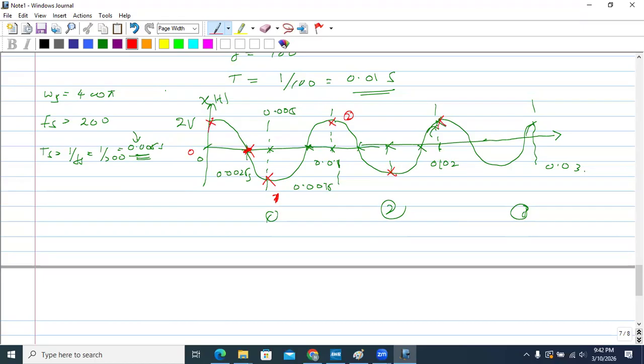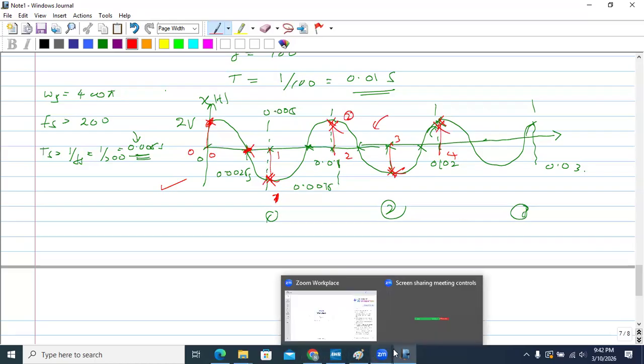So the sampled signal will be one here, another one here, another one here. This red color one is the sampled signal. These are the sample numbers 0, 1, 2, 3, 4. So very easily you can do. Right?